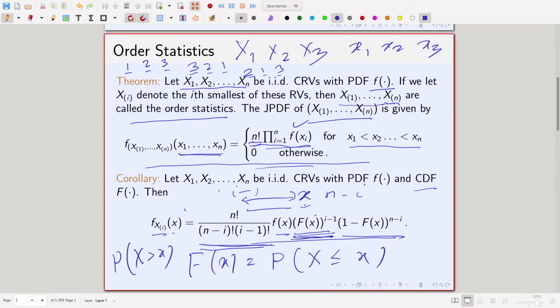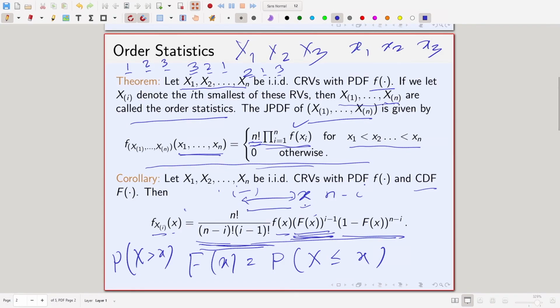Again, this is not a mathematical proof, but I have tried to give you a heuristic understanding of this density. If x has to be the ith minimum, then i minus 1 have to be less than that, and n minus i have to be greater than that. And since the order statistic does not change on permuting, you can get this in multiple ways. In how many ways?